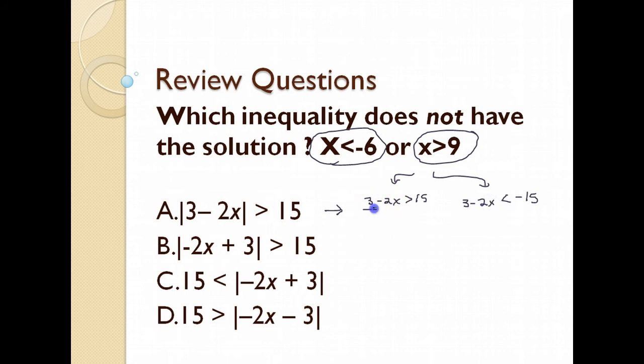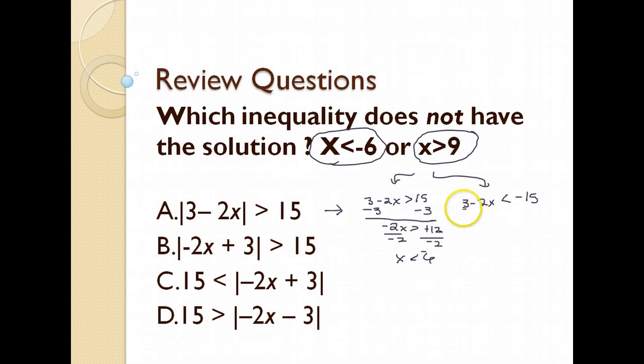And then solve. Subtract 3 on both sides of the inequality. Divide by negative 2 on both sides of the inequality. So x is less than 6, and this is positive 12, so this is negative 6.